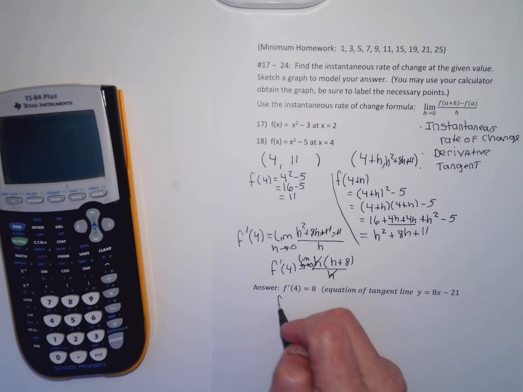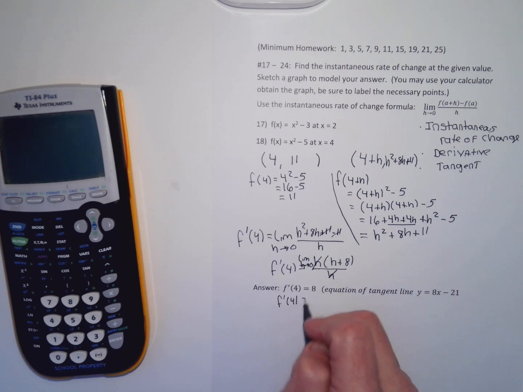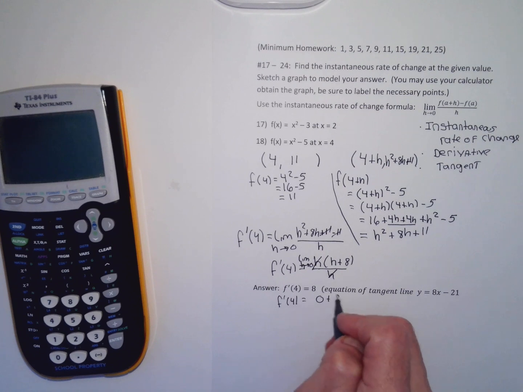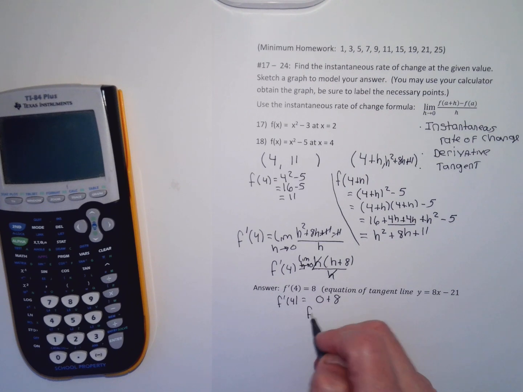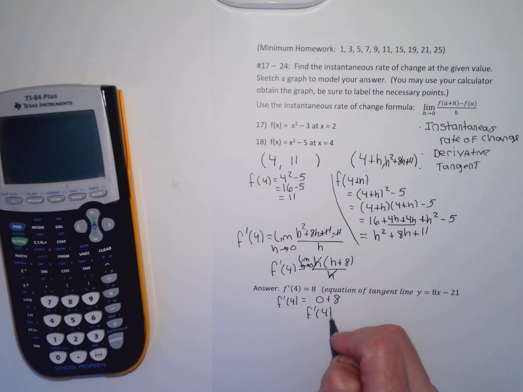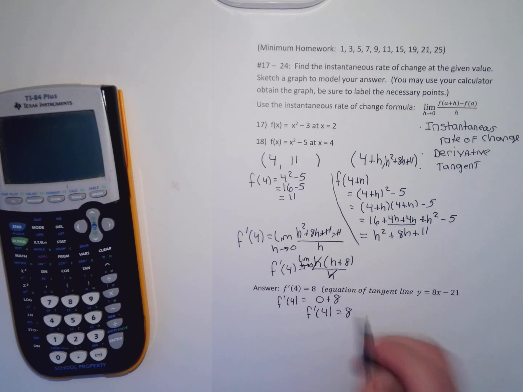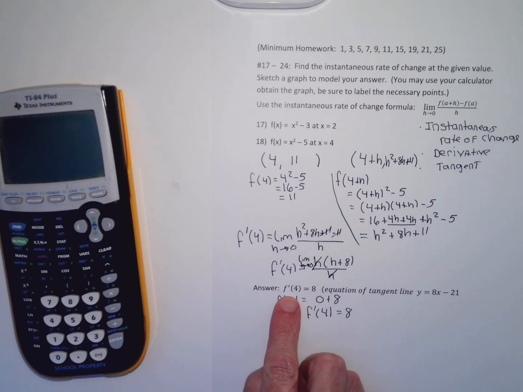So that's going to be 0 plus 8. Once I plug 0 in for h, that's when I'm allowed to stop writing the word limit. And the answer to question 18, the value of the derivative when x equals 4 is 8, or the instantaneous rate of change when x equals 4 is 8.